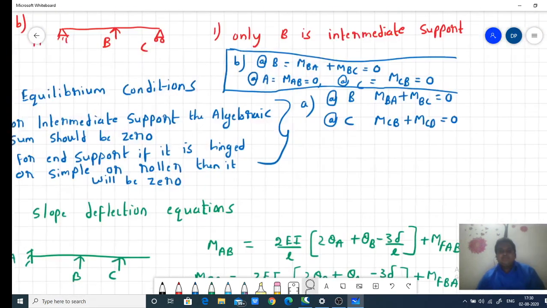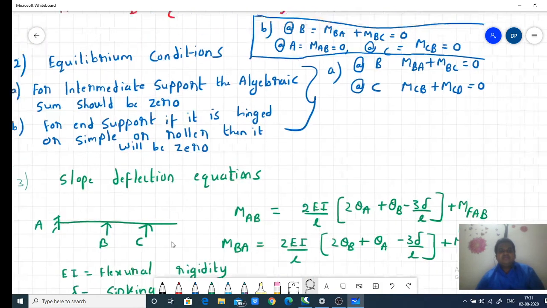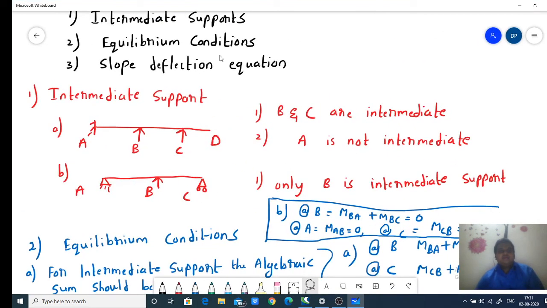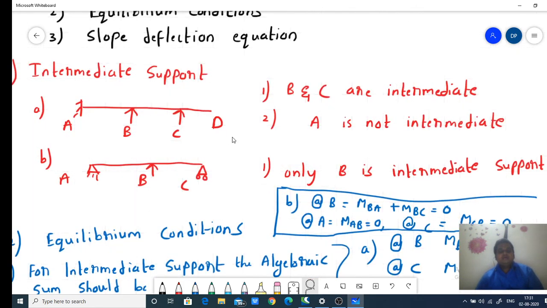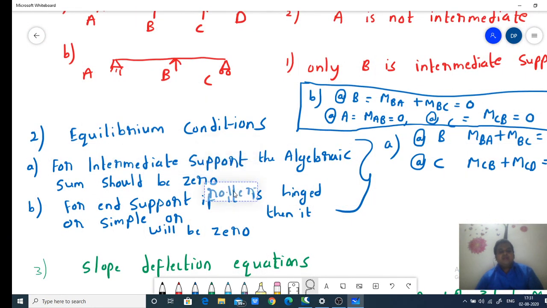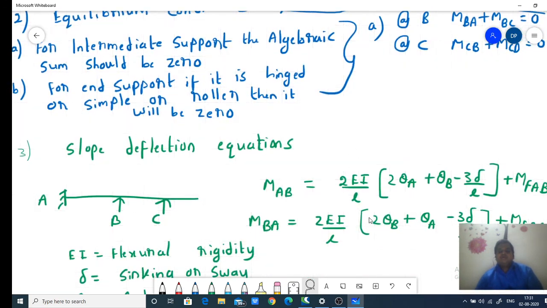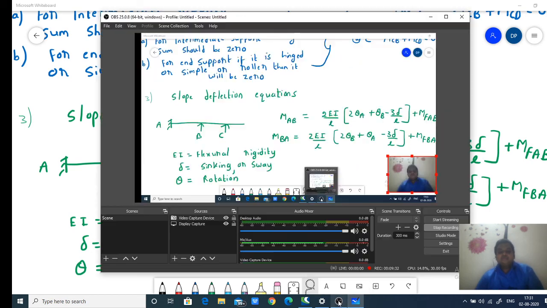So in this video, whatever we discussed are the three concepts: for intermediate supports, how the equations are formulated, then for equilibrium conditions, how the equations are formed, and lastly, how the slope deflection equations are formulated. In the next video, we will see the numericals and how they have to be solved. Thank you.